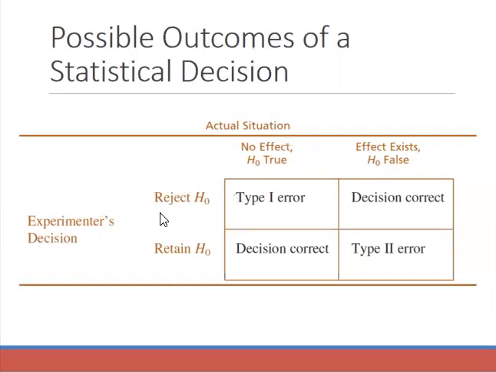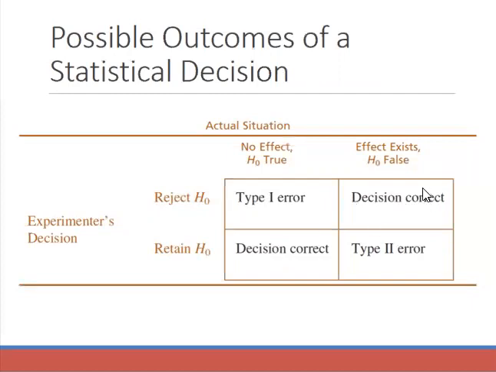And we decide, do we reject the null hypothesis and say, yeah, there is an effect, or do we retain the null hypothesis and say, there is no effect? Okay, so 4 possible outcomes. One is that we retain the null hypothesis and the null hypothesis is in fact true. There's no real effect here. So we made the right choice, yay.